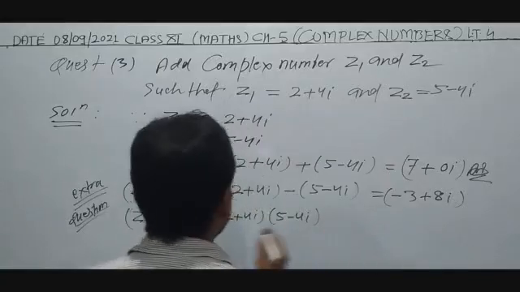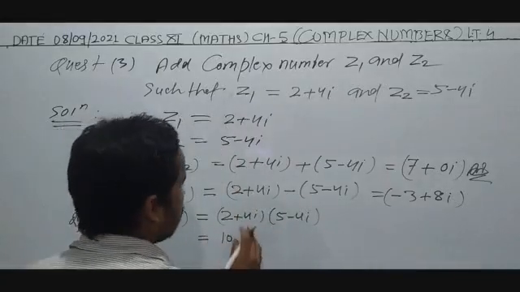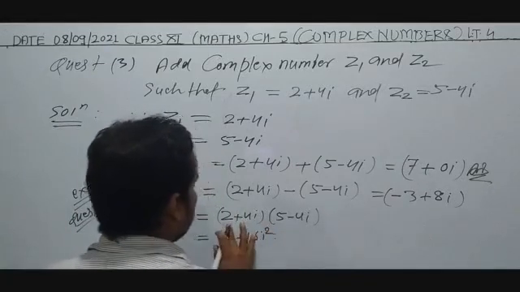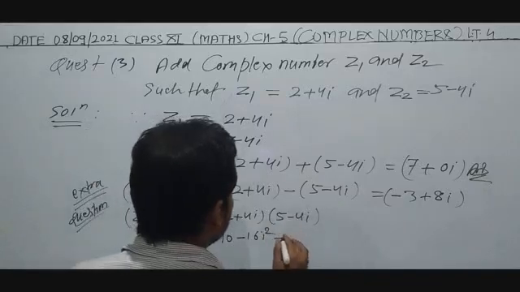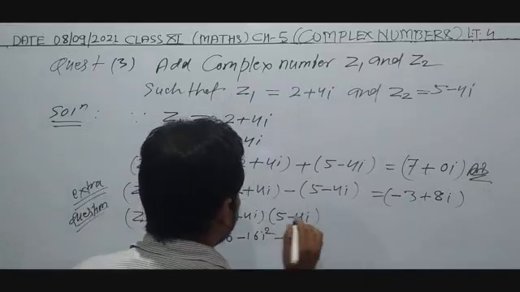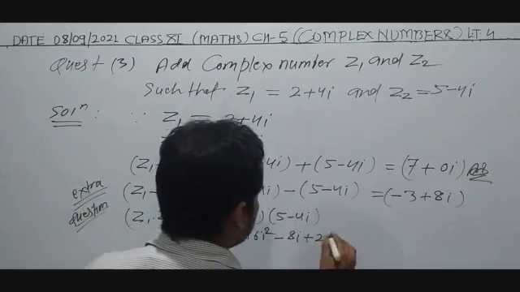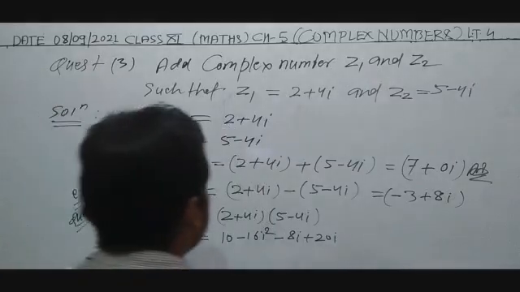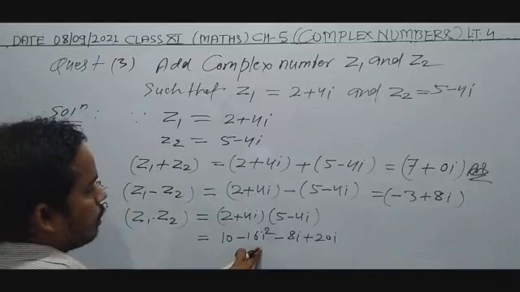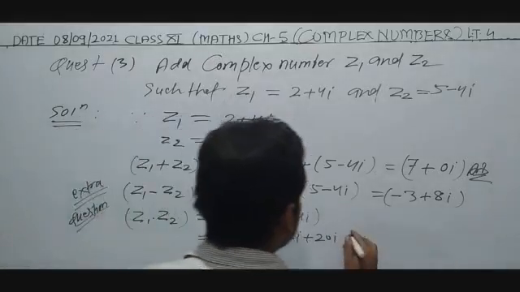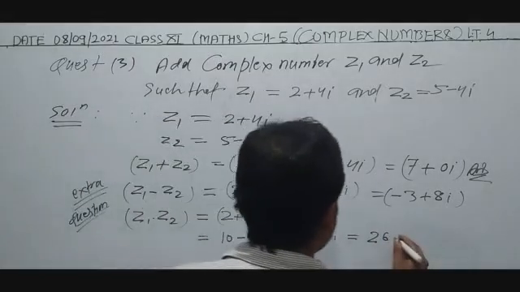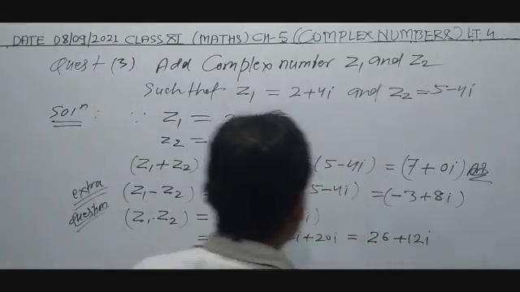Result will be 10 minus 8i square, minus 8i and plus 20i... minus 16 i square, result will be plus 16, and 16 plus 10 is 26, and now this result will be plus 12i.